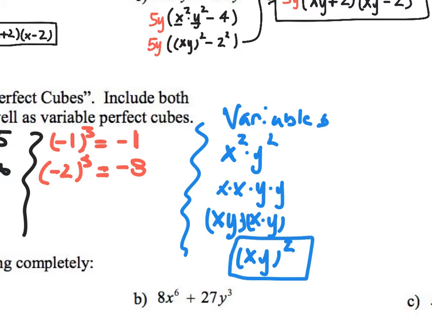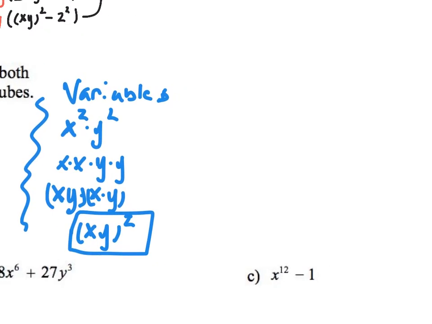Now if you think of variables, we can do the same thing for x cubed. Let's say I had x cubed times y cubed. What I'm really doing here is x times x times x times y times y times y.